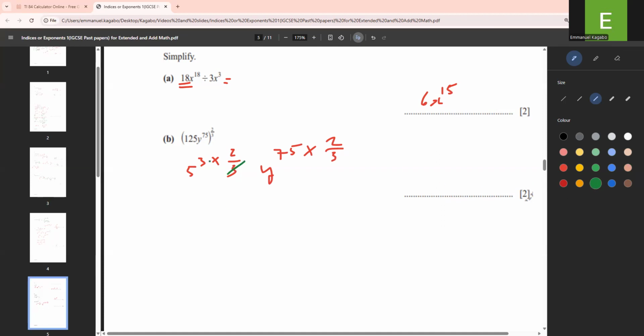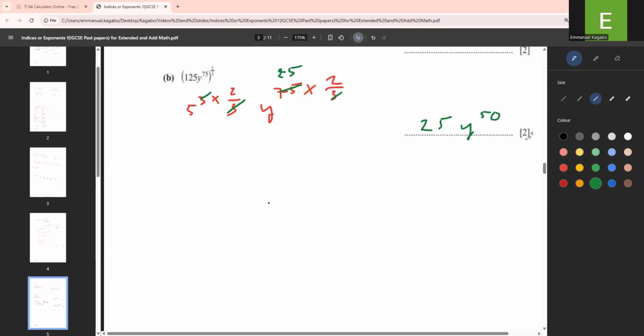Now, this one simplifies with that. Then I remain with 5 squared, which is 25. Okay. Then y here, and then 75 divided by 3, you get 25. And then 25 times 2, you get 50. Okay.